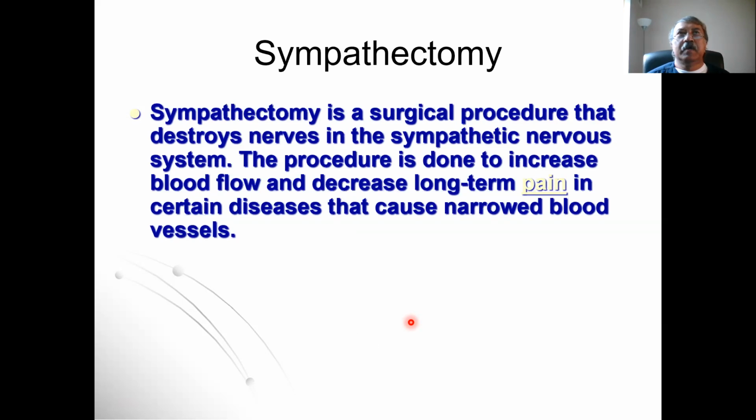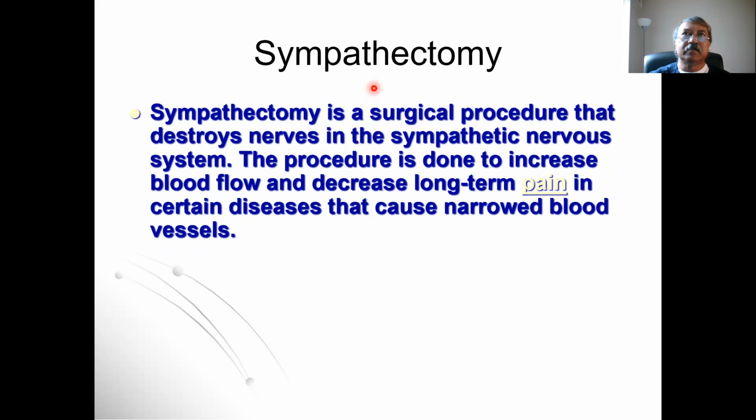So they have nerves or nervous system causing long-term pain because the blood vessels around that area are compressed. To increase the blood vessels to the leg or maybe to the area of the arm, they do this nerve ablation procedure. We call it sympathectomy.